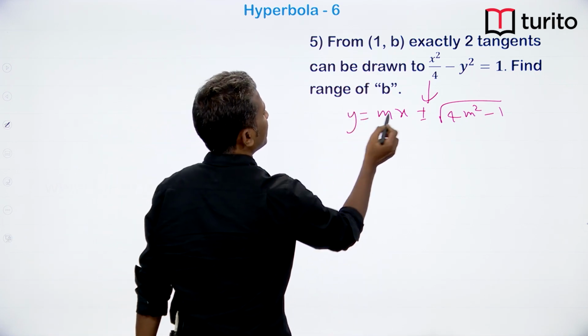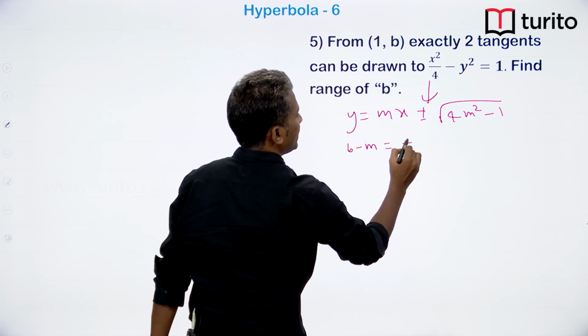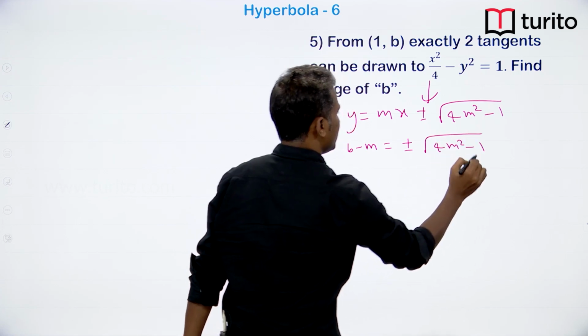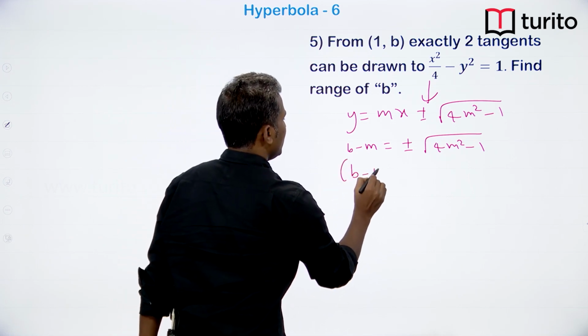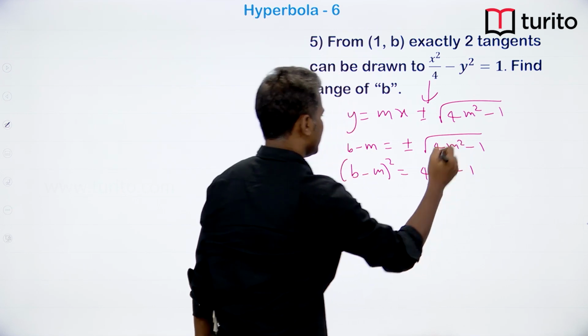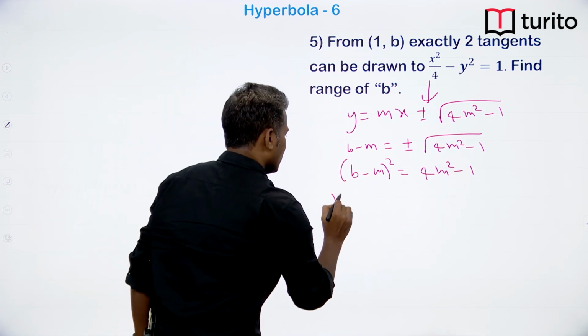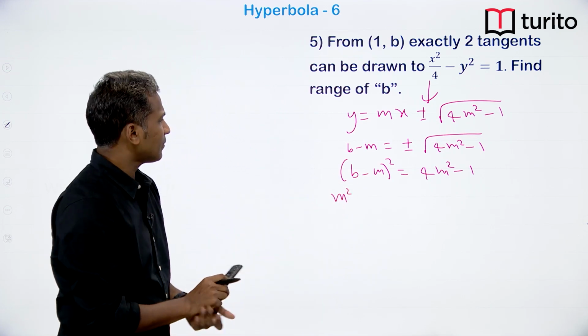What do we get? If I put 1 here and b here, I get b minus m equal to plus or minus the root of 4m square minus 1. If I square this, I get (b minus m) whole square equal to 4m square minus 1. Now I will extract all coefficients because this is going to be a quadratic.